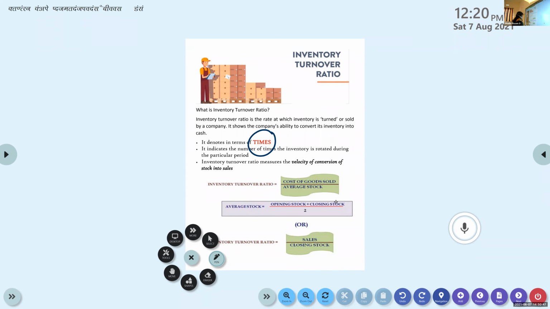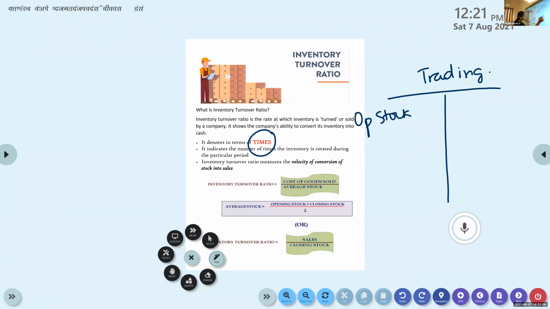How do you find average stock? You remember the trading and P&L account? In the trading account, we usually begin with opening stock. Am I right? And we will have a closing stock. Opening stock on the debit side, closing stock on the credit side.